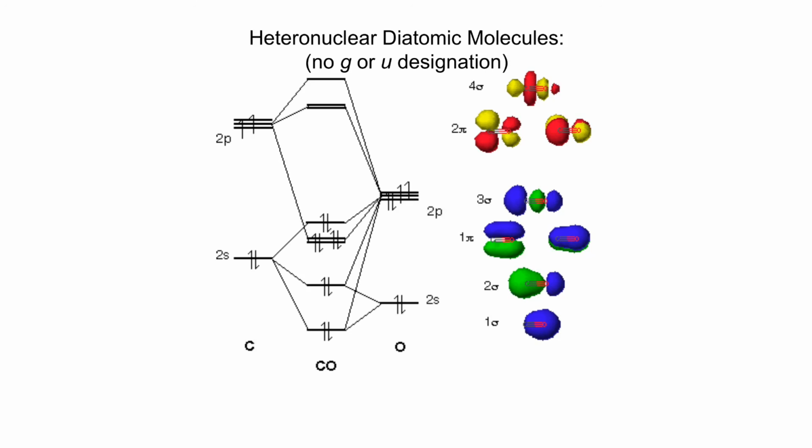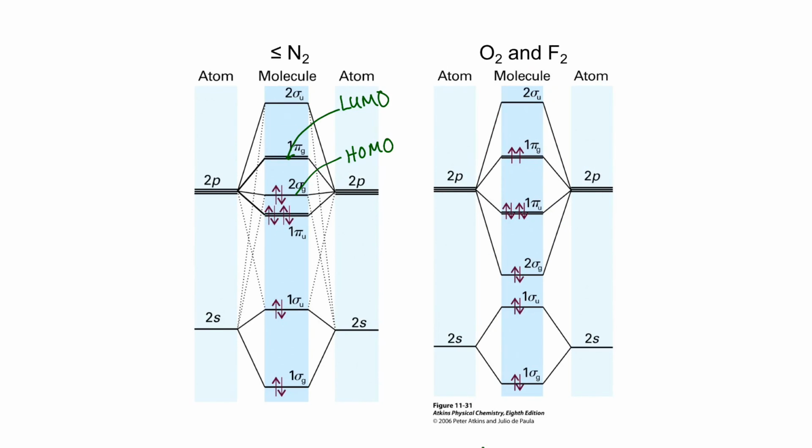Okay, so what you're going to be looking at when all is said and done is the relative number of electrons in, I'll go back to this picture, the relative number of electrons in a bonding versus anti-bonding orbital. Okay, so the more electrons you have in bonding orbitals, the more likely you will be to form a bond, or the more stable bond you will form.